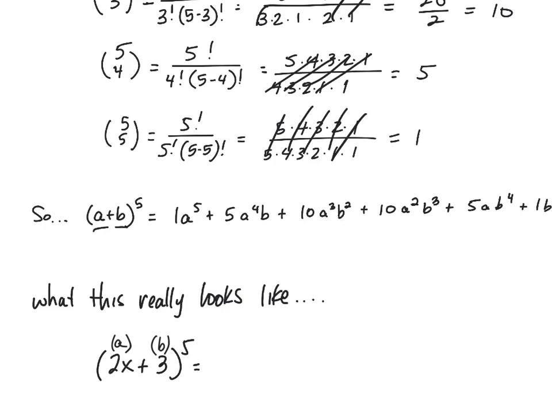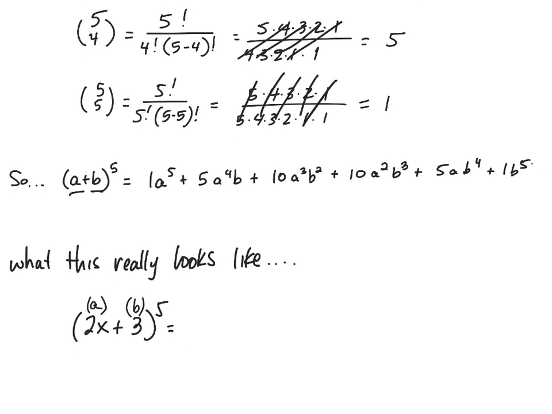So they're going to have the same coefficients, but rather than having a to the 4th and b to the 1st, or a cubed and b to the 2nd, we're going to have powers of 2x and powers of 3. So if we wanted to compare what we're going to expand here to what we've expanded here, for the first term the coefficient is 1.